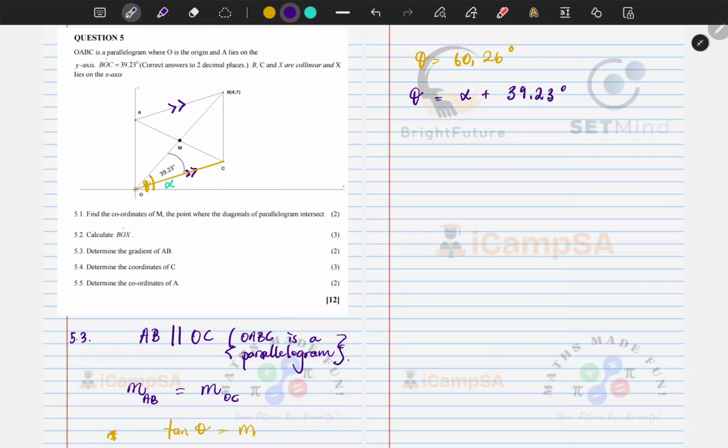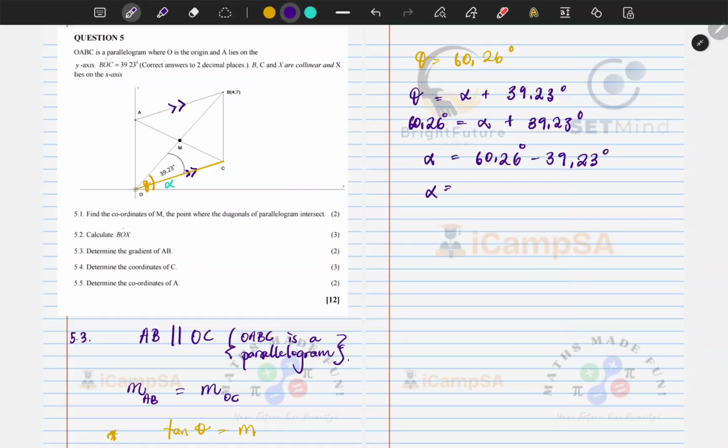Why are we saying theta? Remember, theta is this entire angle. So what is theta? Theta is 60.26, equal to alpha plus 39.23. We want alpha, so alpha is going to be 60.26 minus 39.23 degrees, right?